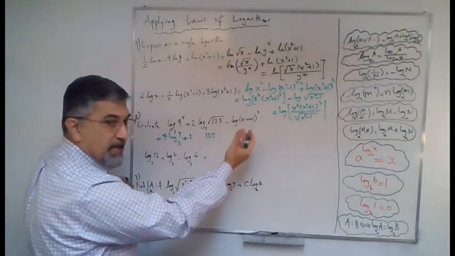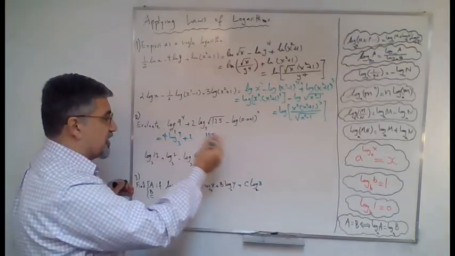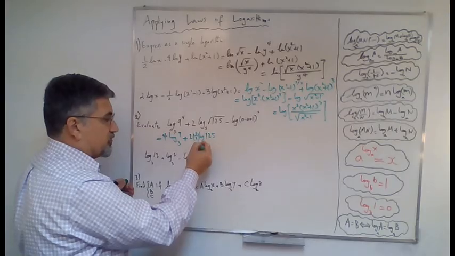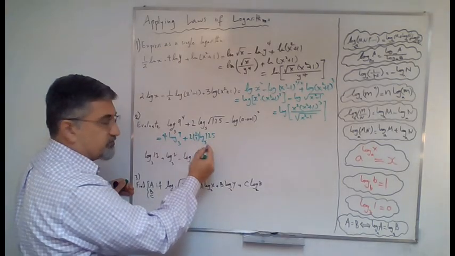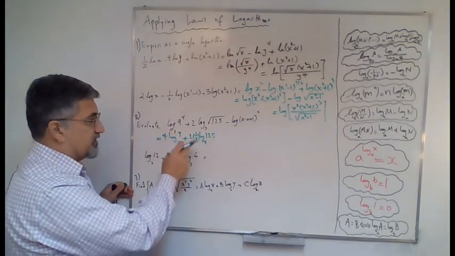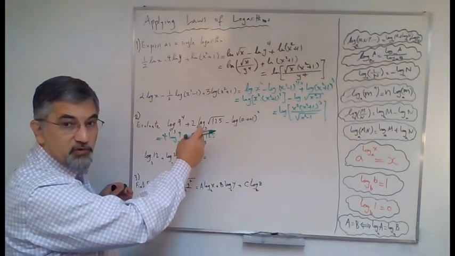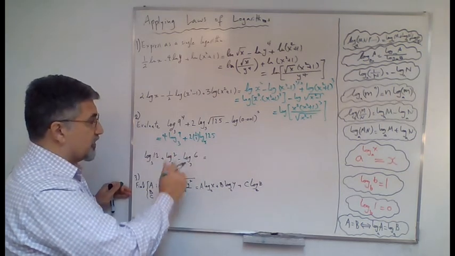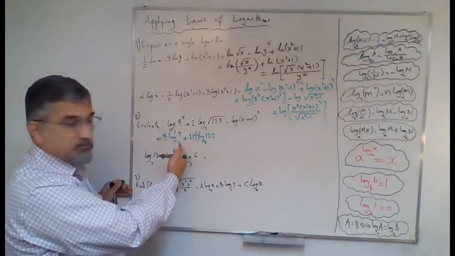But then that exponent becomes a coefficient for the log. So we end up with log of 125 to the base 5. And the 1/2, which was the exponent, becomes a coefficient for the logarithm, and then we're going to multiply that by 2 later on.